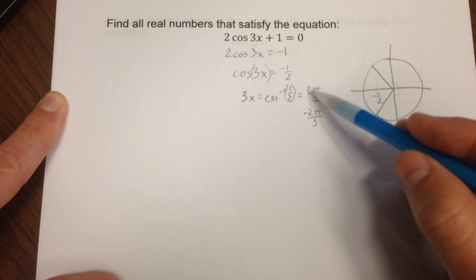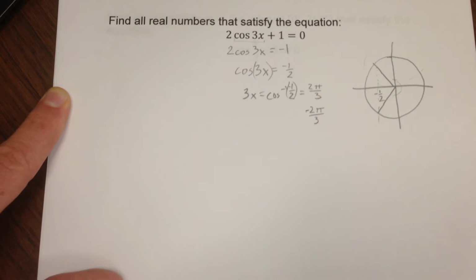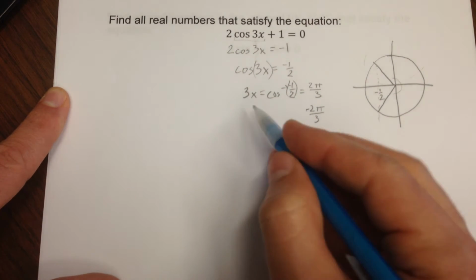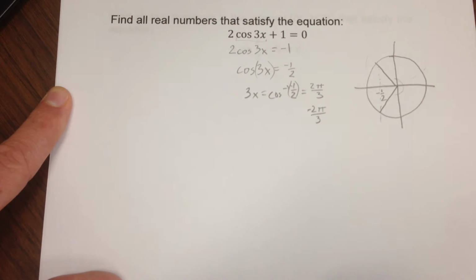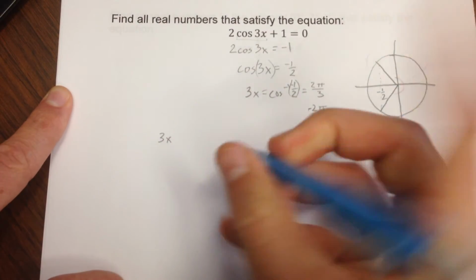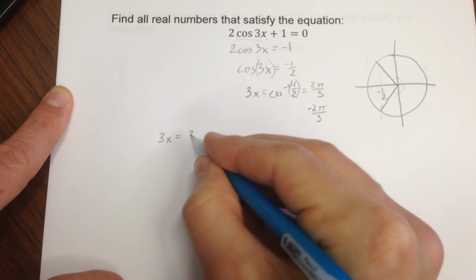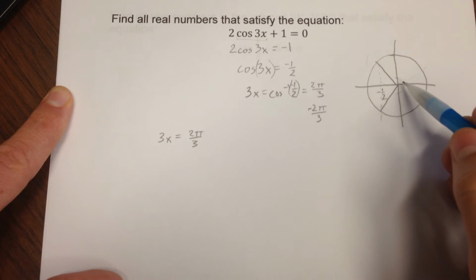Of course, cosine is even, so positives or negatives give you the same output for cosine. What this says is that 3x is supposed to be equal to either of those, so 3x is either equal to 2 pi thirds or to multiples of 2 pi thirds.